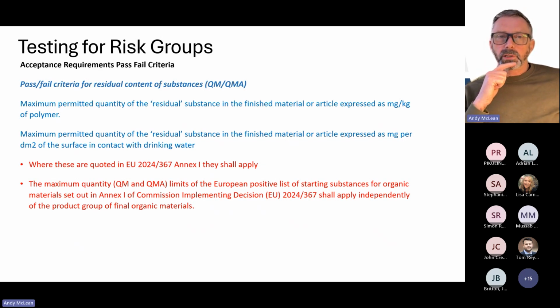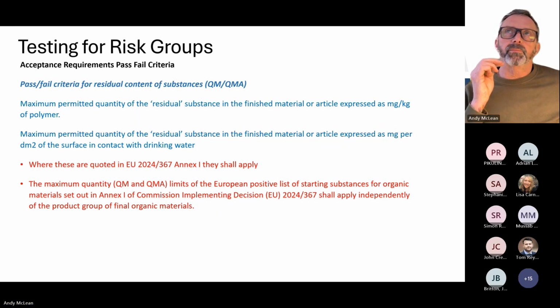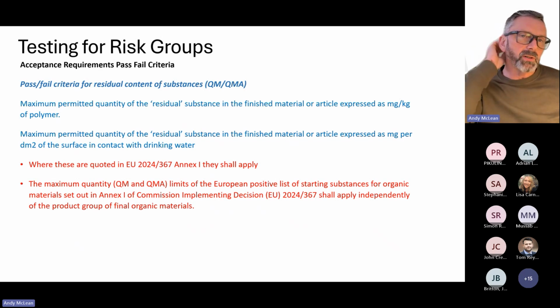So the maximum quantity of residual substances, what's left behind for organic materials, is set out in 367 and should be reviewed for the final organic material. So essentially the test houses will be making a judgment as to if there is a reason to carry out these tests based on the information that's been provided.